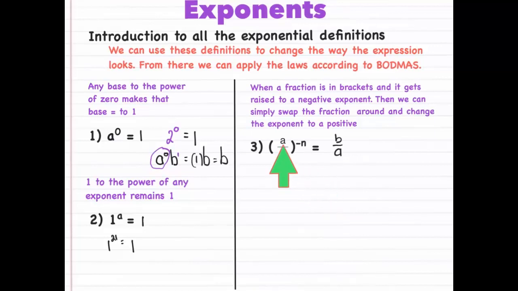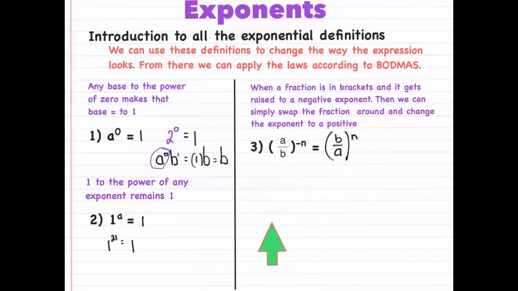See how I swap this fraction around? Okay, and we leave it in brackets, and then basically that negative exponent on the outside becomes a positive exponent. Okay, great. So that is easy enough to understand, right? So when we have a fraction inside brackets and it gets raised to a negative exponent, we simply swap this fraction around and that negative exponent becomes positive.